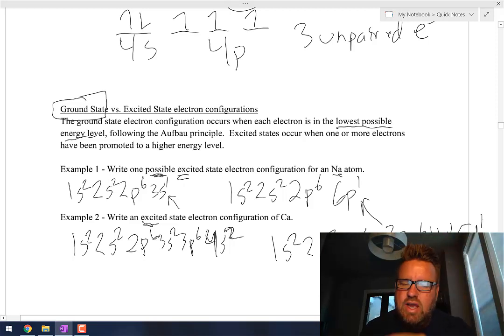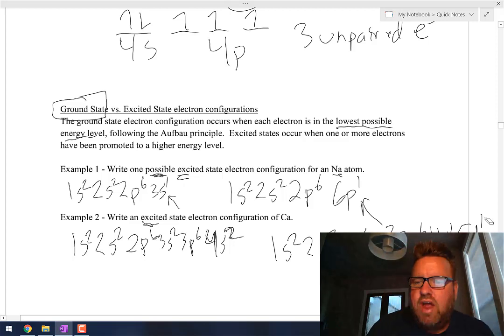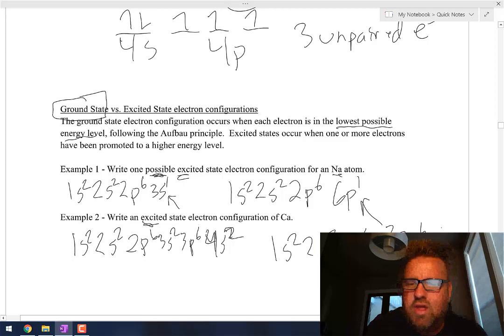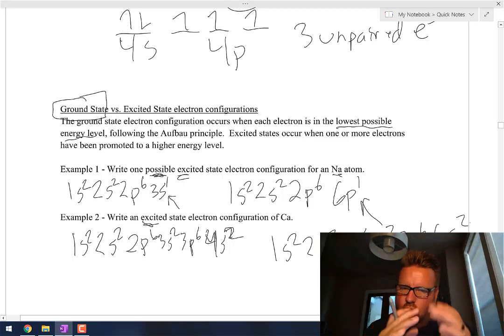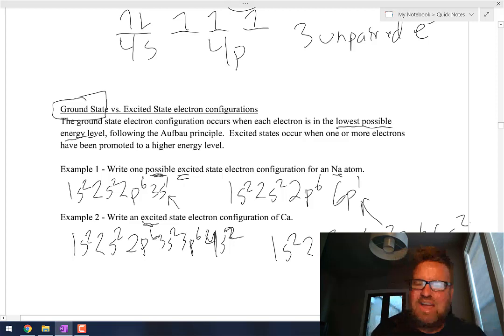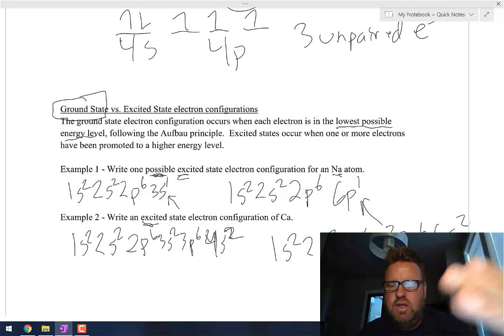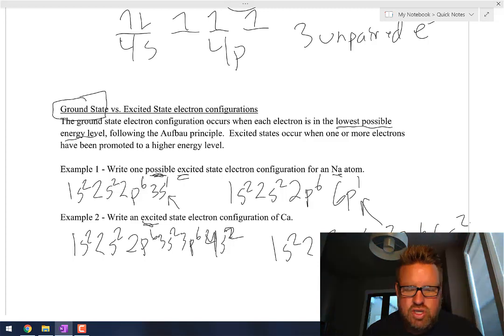Okay, in this case I only moved one electron up. Could I have moved both of them? Sure. Instead of 4s1, 5d1, it could be 3p6, 6s2. Okay, it's just one or more of those valence electrons gets promoted to the higher energy level.